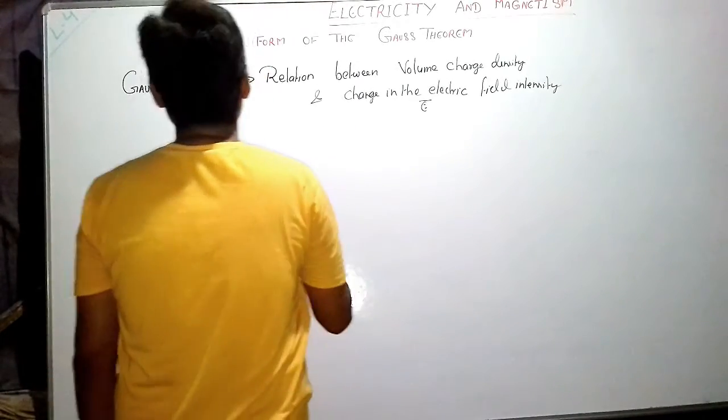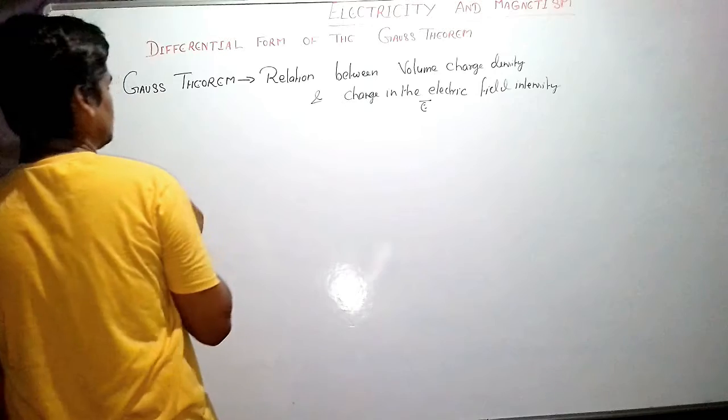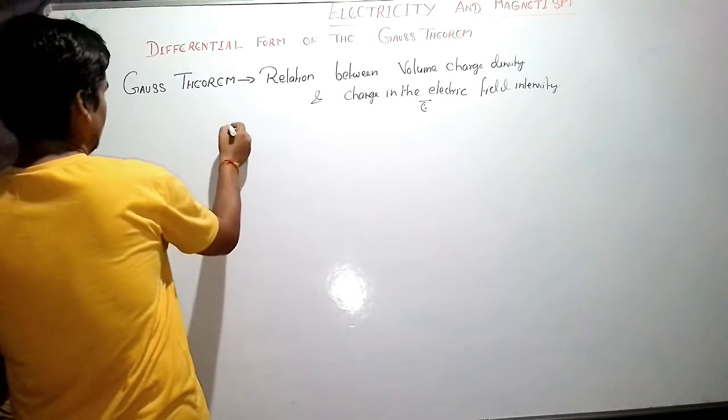So this is the relation between volume charge density and change in the electric field intensity in the volume. Now, in the last lecture we wrote the integral form of the Gauss theorem.